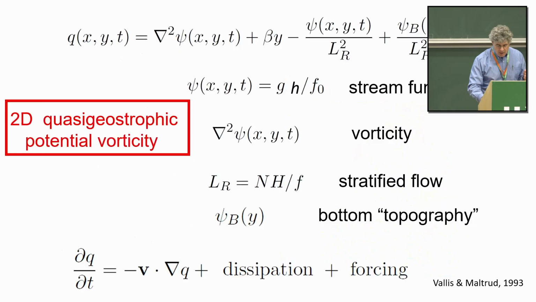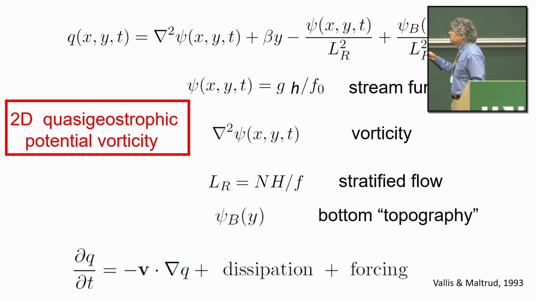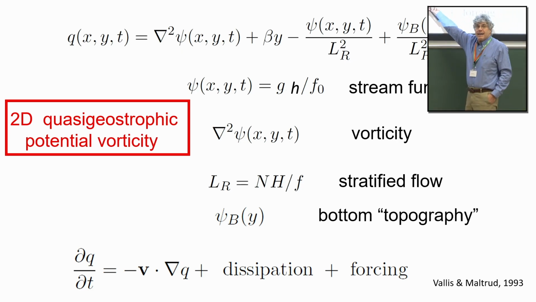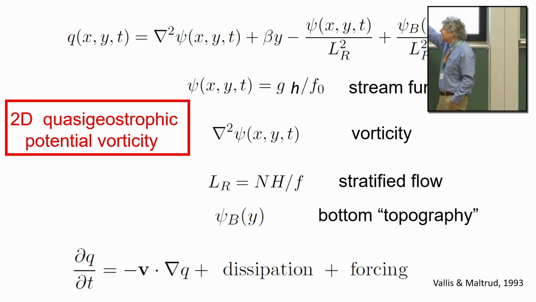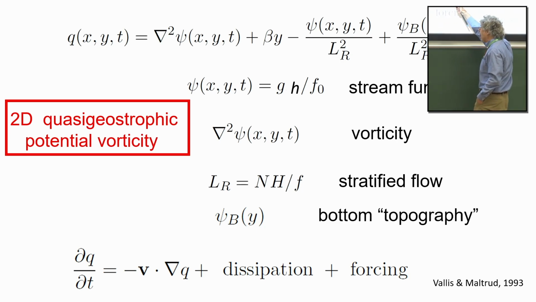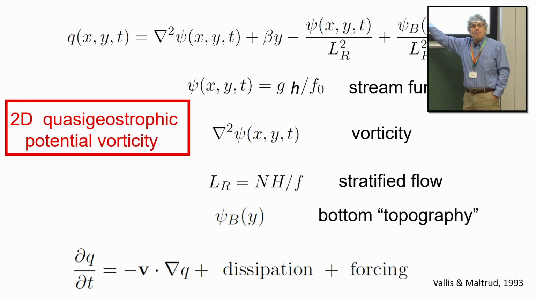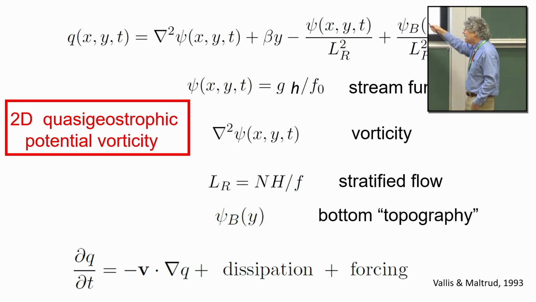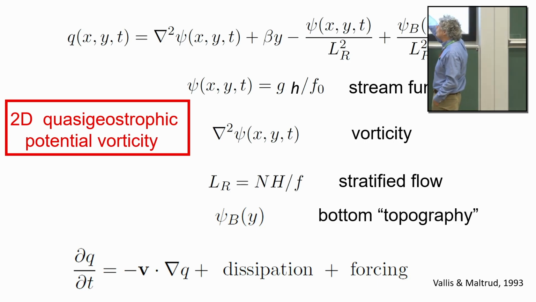So in this very early approximation, followed on from the work that was originally done by Vallis and Maltrud, you're trying to make zonal flows or structures by defining a potential vorticity equal to the vertical vorticity, del squared acting on the stream function. It's on a beta plane because the Coriolis parameter goes to zero at the equator and has its maximum values at the poles.